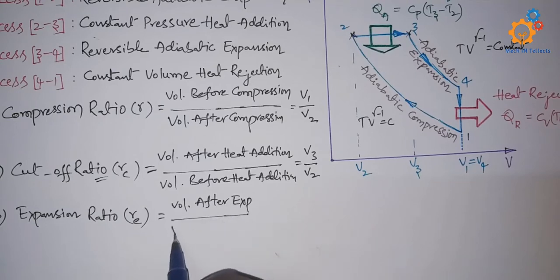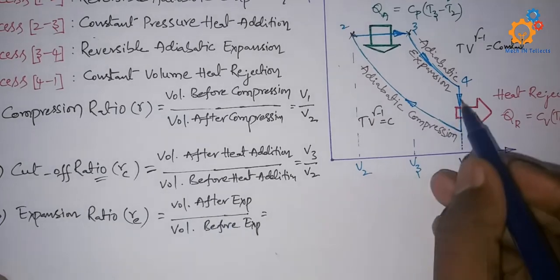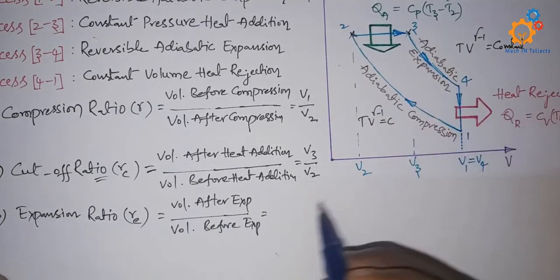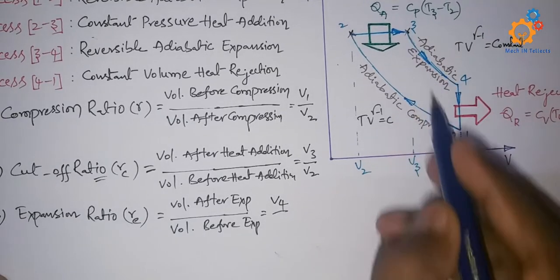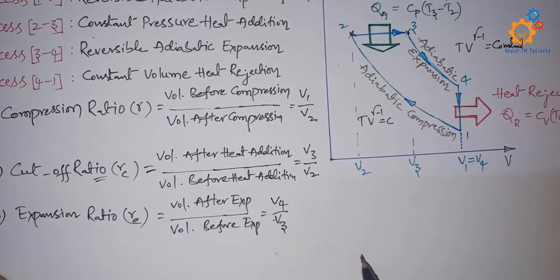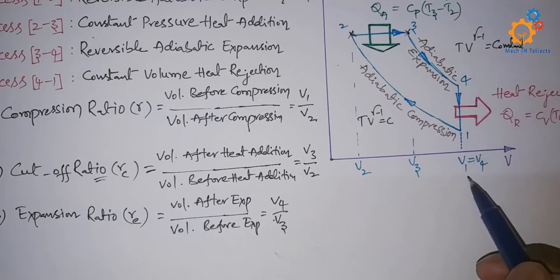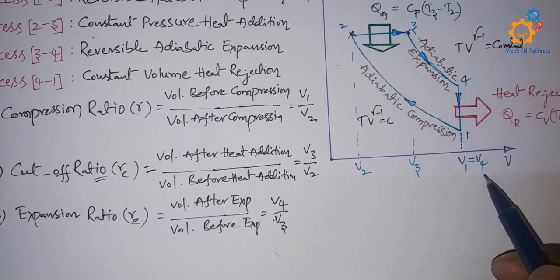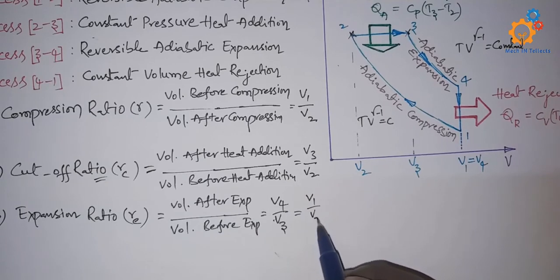After expansion we have volume V4, and before expansion we have V3. From the figure we can see that V1 is equal to V4, right? So we can write this as V1 by V3.